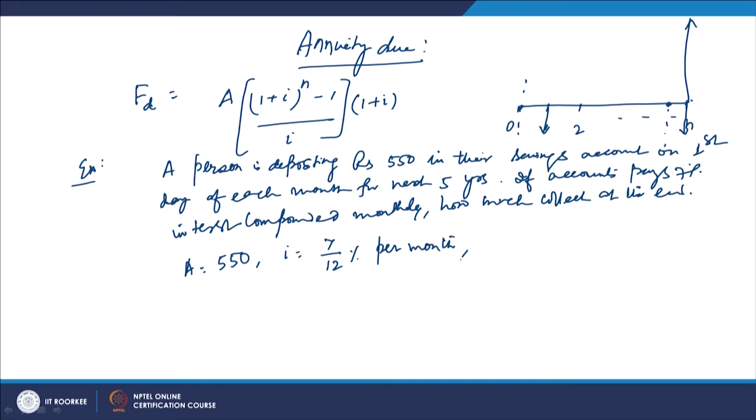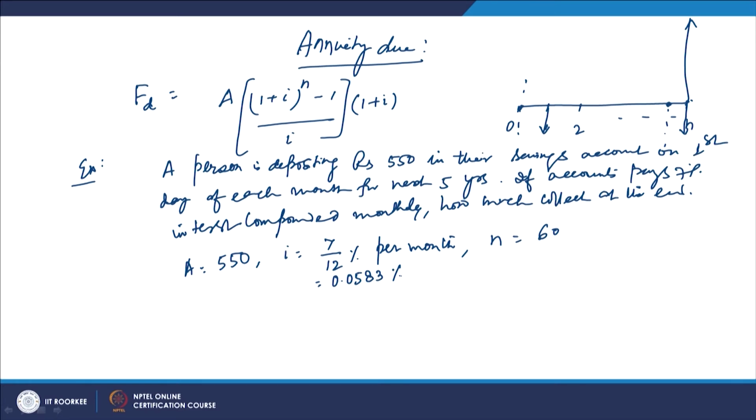In that case your number of terms: it has 12 months, and for 5 years, so 12 into 5 it will be 60. So now he will be getting that in the end. You have to calculate it, and this will basically be 0.0583%.